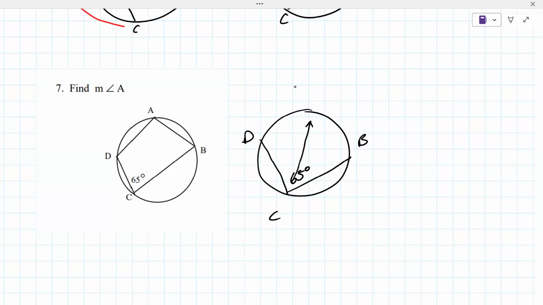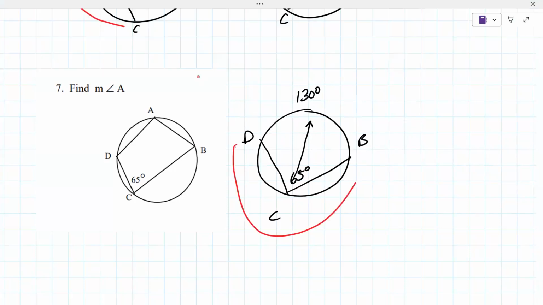Wait, and we're not doubling 65? What's the rule for an inscribed angle? A is not in this picture that I'm drawing. You've got to find this arc first. How much is this arc? All right, so it's 130.